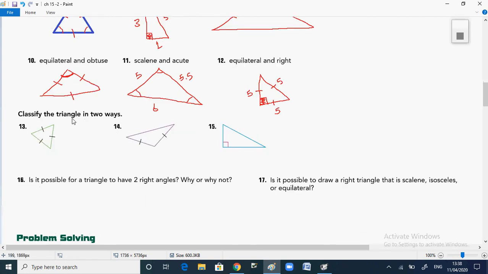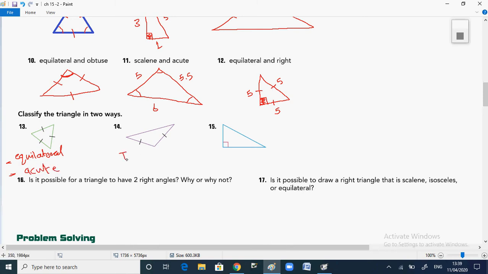Now classify the triangle in two ways. Into what? In two ways. Look, all sides are equal, so I can say equilateral. This is the first one. The second one, all angles here are acute, so acute triangle.